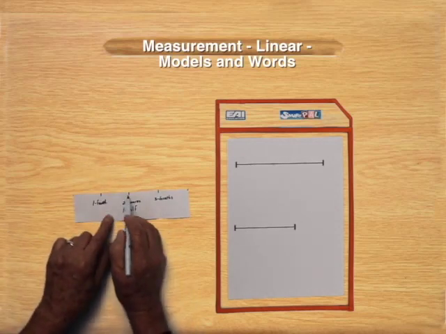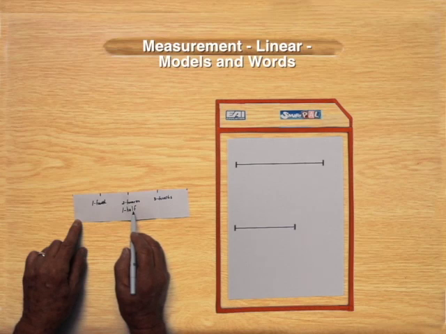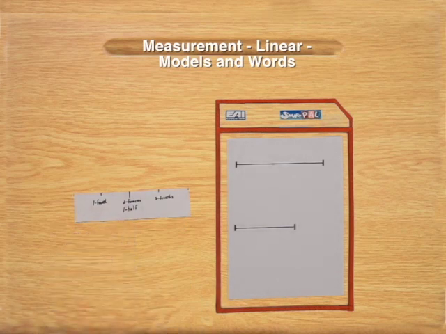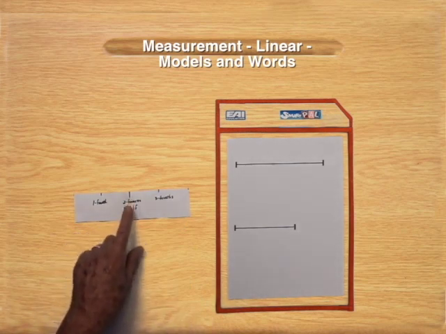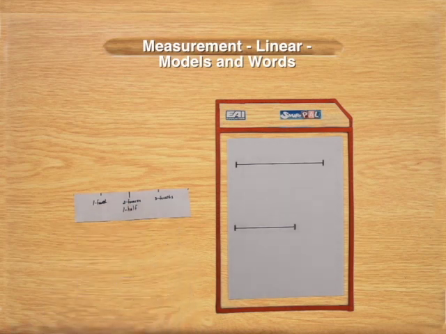So this mark right here measures not only 2/4 of our unit of measure, but it also measures 1/2. And so what we're going to do is make the line bigger. We make the line bigger because this line represents 2/4 and 1/2 of our whole unit of measure.